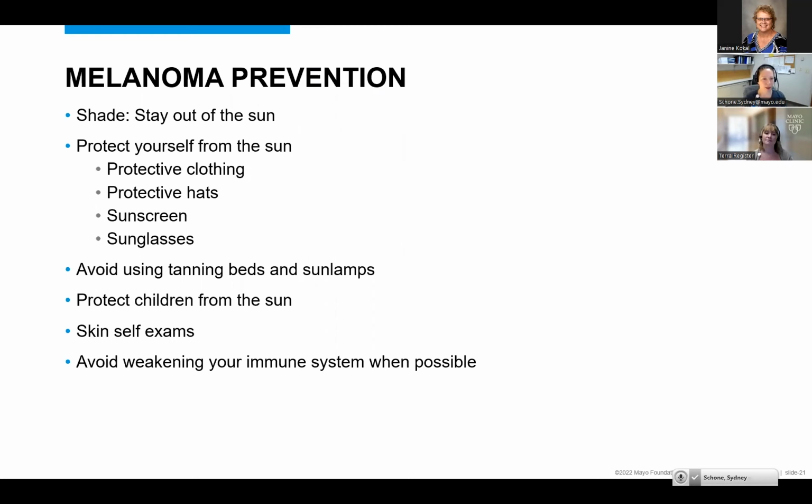Use sunscreen every day that you are outside. And you want to reapply every 2 hours or after swimming, sweating, or according to directions on the bottle. Sunscreen can come in different types, including lotions, creams, gels, ointments, waxes, sticks, or sprays. So there are multiple types of sunscreen that you can use.